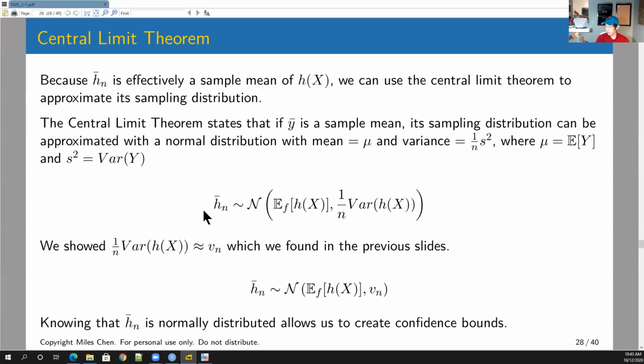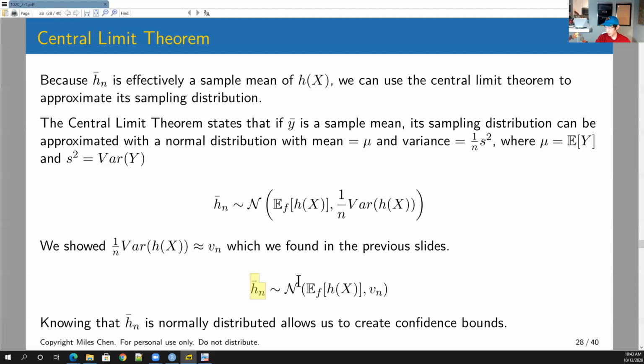Okay, and so h bar comes from this normal distribution where the mean is this expected value, and the variance is going to be 1 over n times the variance of h of x. Okay, and we showed that this can be approximated by Vn, and this is what we have here.